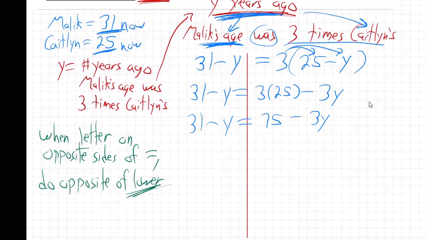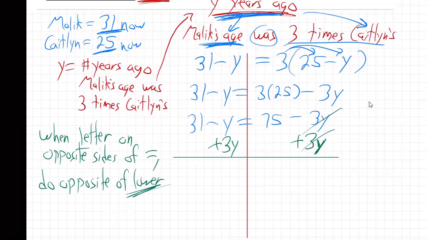That's the easiest way to go. You can really do the opposite of either one. So who's the lower? Well, this one's actually lower because minus 3Y is more negative than just minus 1Y. So I'm going to do the opposite of him. The opposite of minus 3Y is plus 3Y. Whatever you do to one side, you have no choice but to do the same thing to the other to keep the balance.